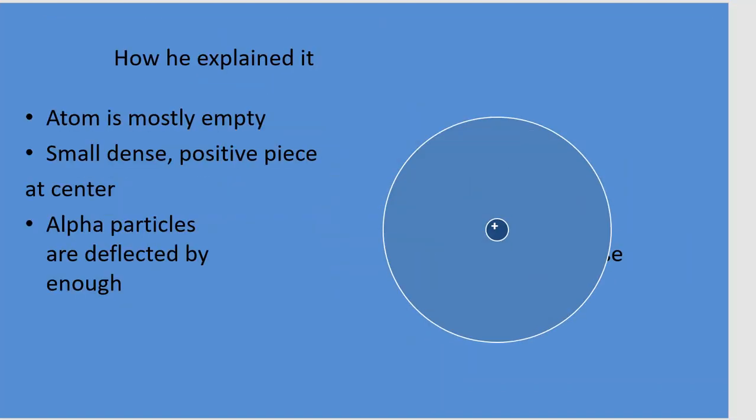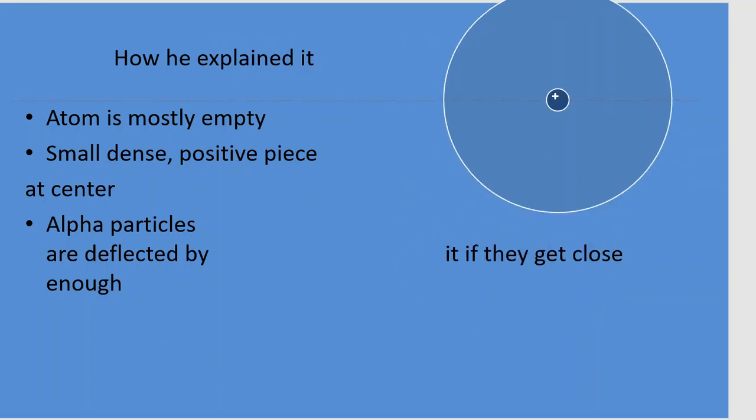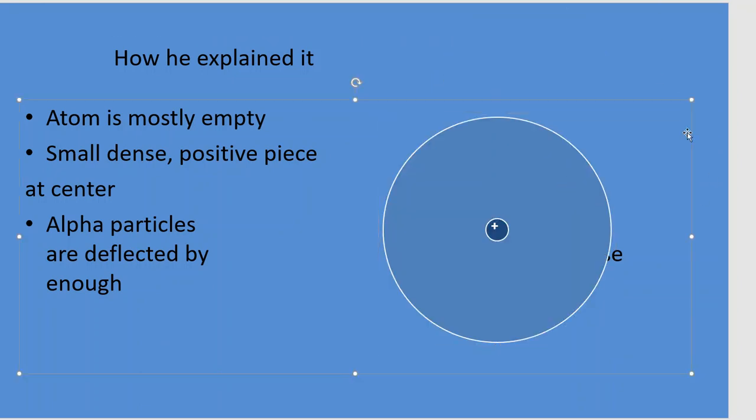I guess the main takeaway from the Rutherford experiment is that Rutherford figured out our basic idea of an atom. The atom is mostly empty space, not really empty, but mostly space where the electrons are.